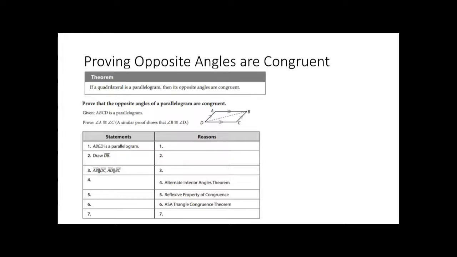So first things first, they do give us that this object is a parallelogram. All right, awesome. And then we did draw BD again, and that's because really the definition of a line: any two points, and the points that we used here are D and B, or B and D, because again, any two points, there exists one line.